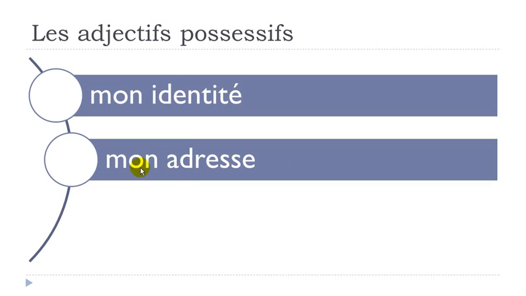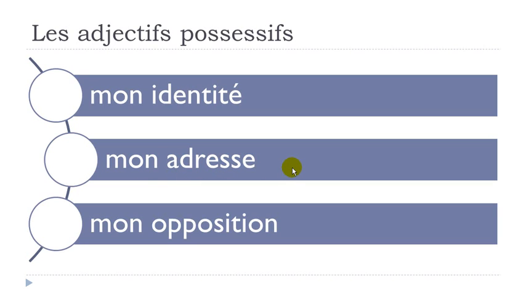Mon adresse. And the last one I took, same thing, opposition, basically feminine, but it starts with the o. Mon opposition, you make this link. Mon opposition. So let's repeat it one more time. Mon identité, mon adresse, mon opposition.